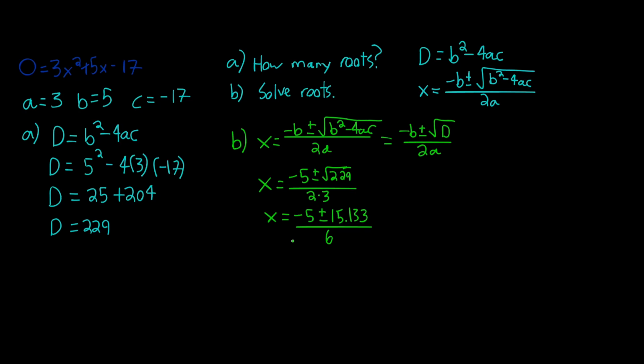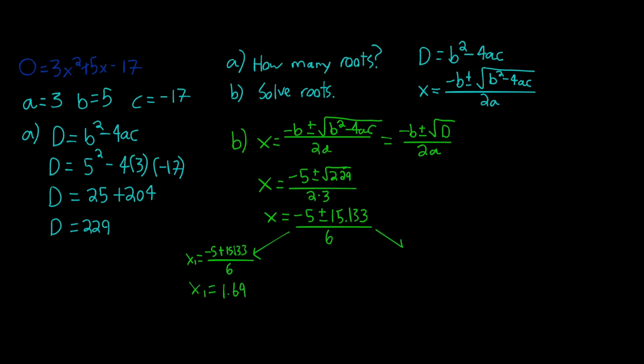Okay, so notice how from here there's this plus and minus. So what we're going to do is split it into two cases. The first case, I'm going to say that's x1, which is negative 5 plus 15.133 divided by 6, which gives me an answer of 1.69.